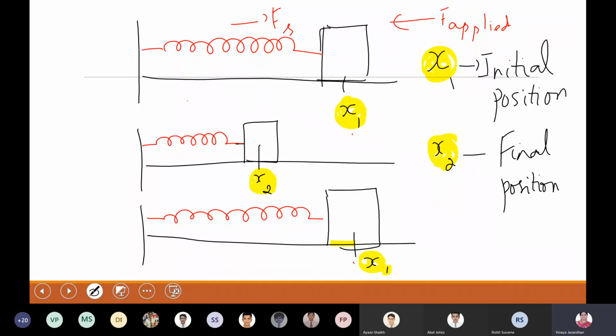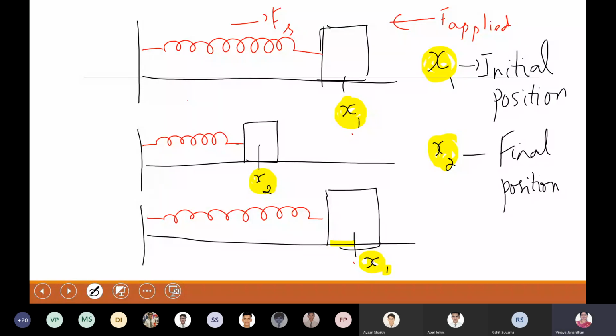Now the question is, when the body moves from x1 and comes back to the same position, what is the work that is being done by the spring force? If the work done by the spring force happens to be zero, then you can state that your spring force is conservative in nature.